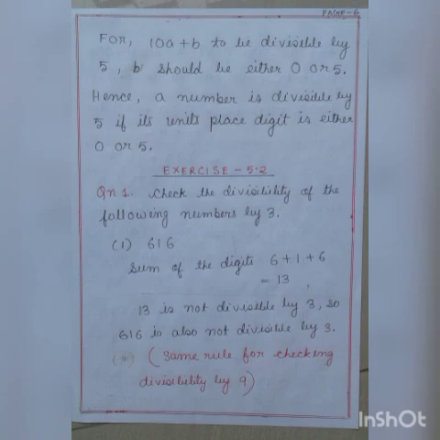Sum of the digits is 6 plus 1 plus 6, which is equal to 13. 13 is not divisible by 3, so 616 is not divisible by 3. It is not divisible by 9 also. So we can say that 616 is not divisible either by 3 or by 9.